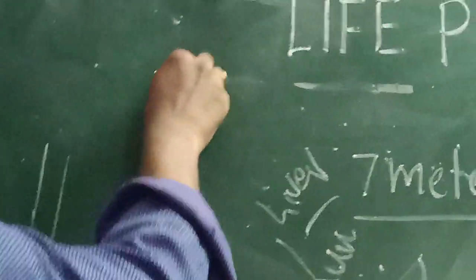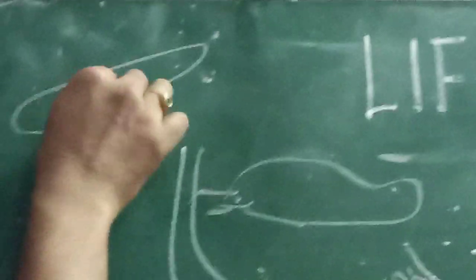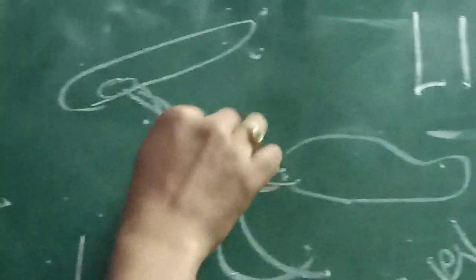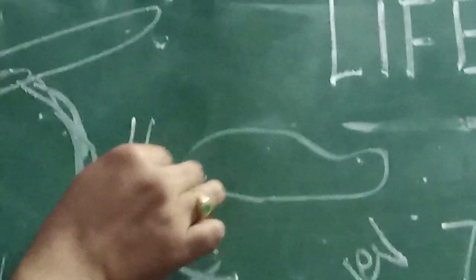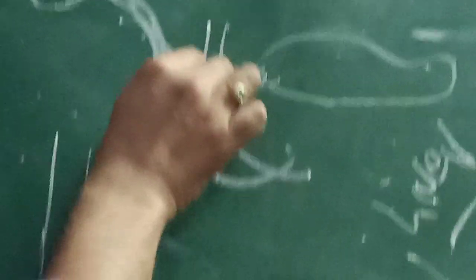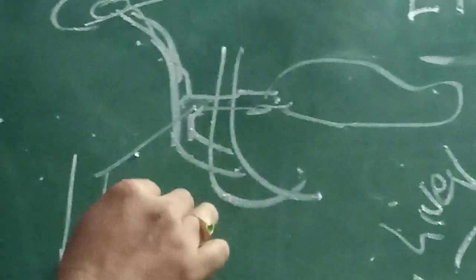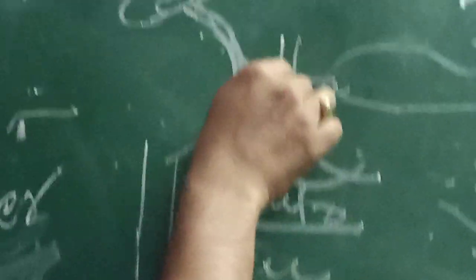This is the duodenum, this is the pancreas, and for example this is the liver, with the gallbladder. The gallbladder duct and pancreatic duct are connected and open into the duodenum. This duct we call the hepatopancreatic duct. Hepato means liver, pancreatic means pancreas.